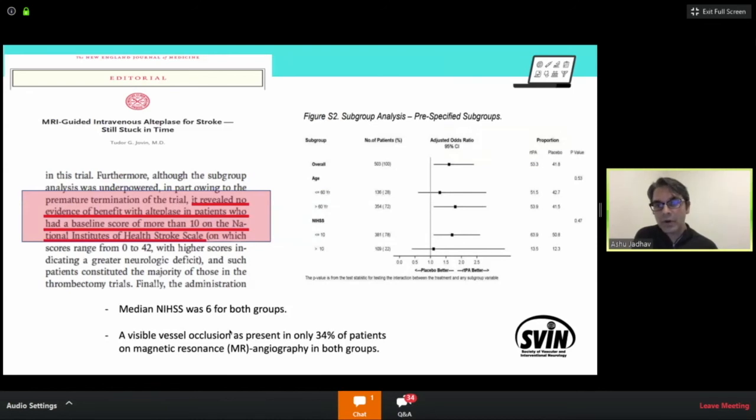I mean, if you recall in EXTEND, the NIHSS was around 10 or 12. In this study, the median NIHSS was 6. And then the other concern is that they did not really look for large vessel occlusion in all the patients. So, what is the relationship between penumbral imaging in this population and the patients that would benefit from this DWI-FLAIR mismatch paradigm?